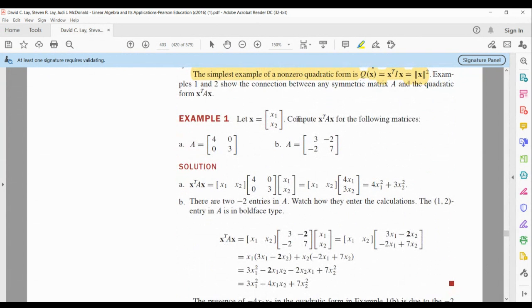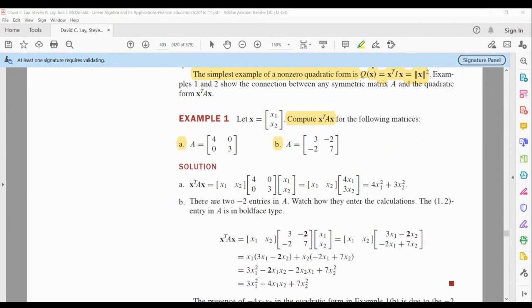In example 1 here, they want you to compute the quadratic form for two matrices, the matrix given in A and the matrix given in B. And what do you notice about both of those matrices?